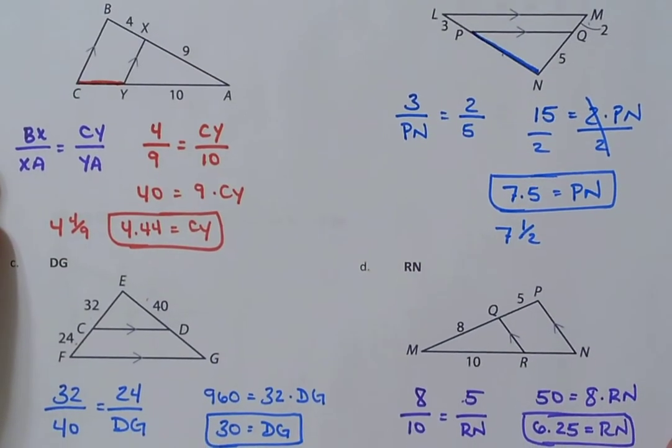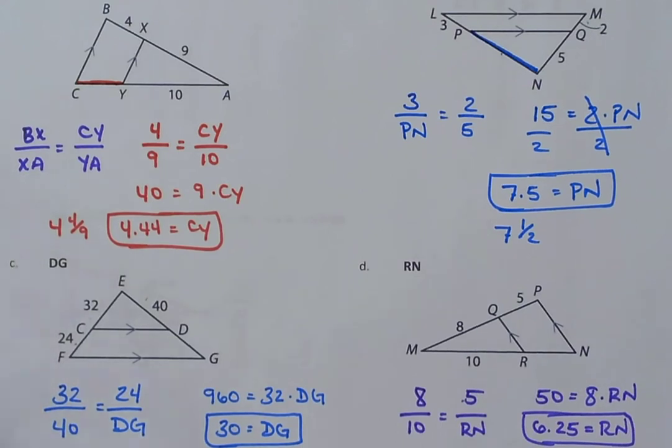Either way works, as we saw with parts A, B, C, and D. That is just using the Triangle Proportionality Theorem, where the line that intersects the other two sides is parallel to that third side, and it divides those two sides proportionally. And that is example 1, and that is the majority of your homework for today.